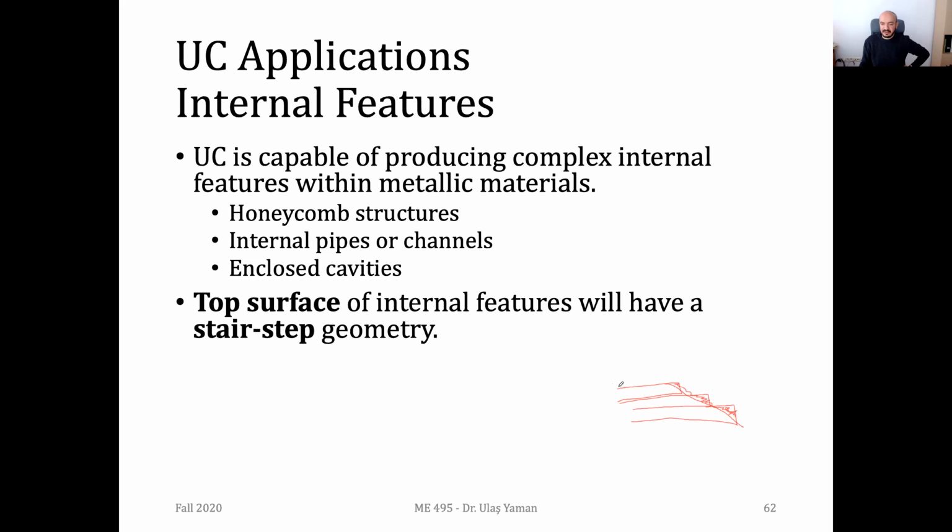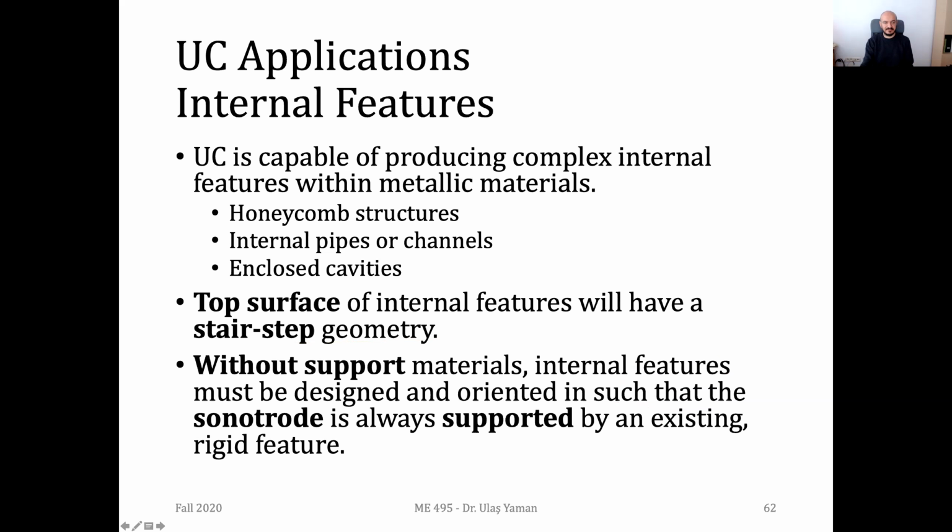But if you have a top surface like this one, another top surface, your tool will not be able to remove these regions. That's why we say that in the top region of your internal features, you will have stair-step geometries. We will for sure have such a geometry at the top region of your internal features. But at least we have internal features.